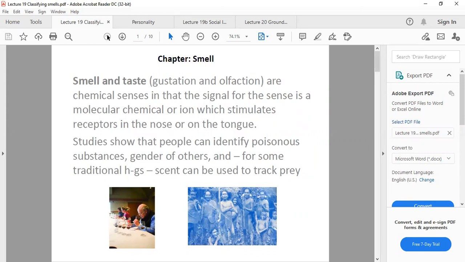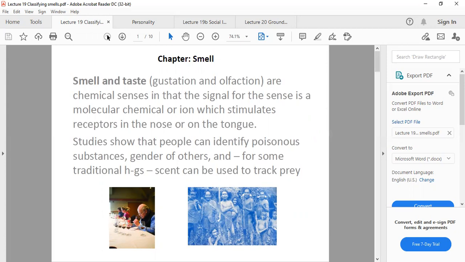Smell and taste are more related. Gustation and olfaction are chemical senses. That's why, most of the time when you read about them, they're always in one category. When we look at smell or the chemical senses, the signal for the sense is a molecule or ion which stimulates receptors in the nose or on the tongue.